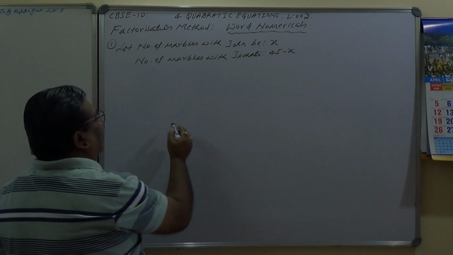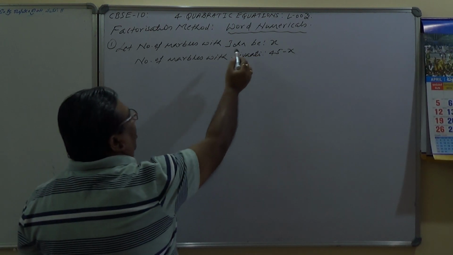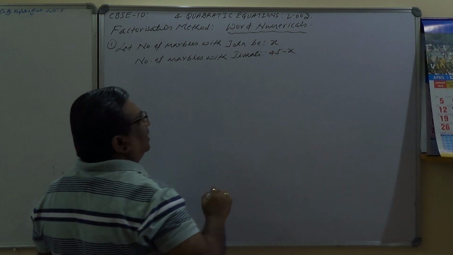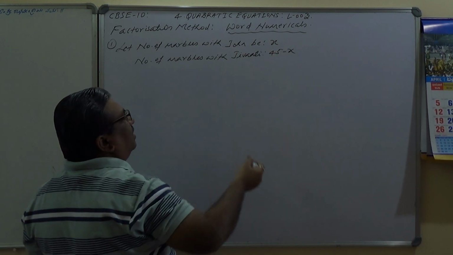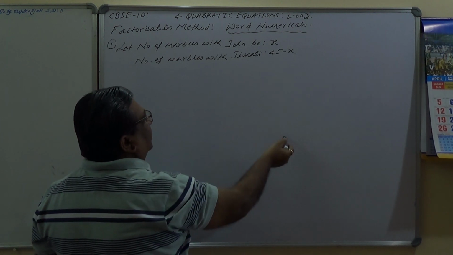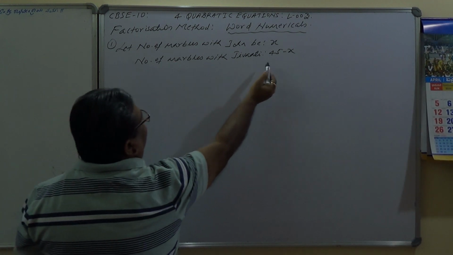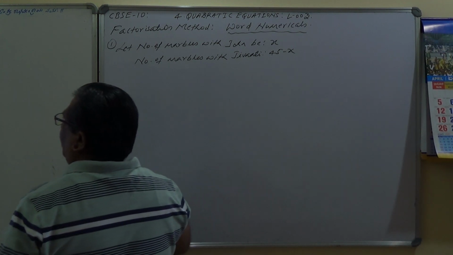Basically, if both put together are 45, suppose John had X marbles, then what would be the number of marbles Jeevanti should have? 45 minus X, because both put together should be 45, and therefore the number of marbles with Jeevanti would be 45 minus X.